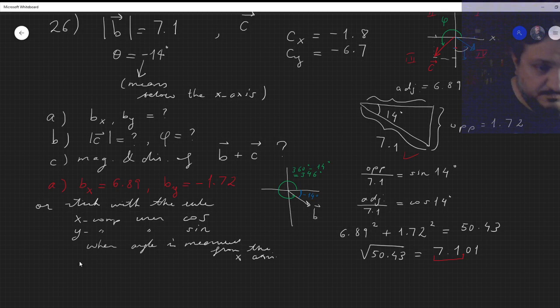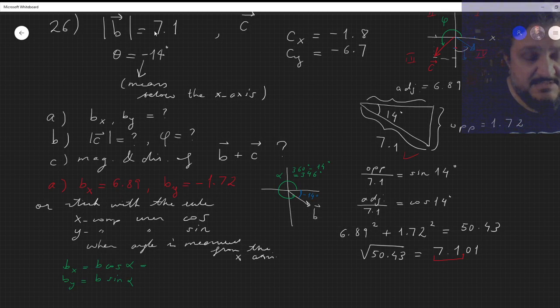So Bx is B times cosine of this angle, call it alpha, and By is B times sine of alpha. So let's plug in those numbers and see if we get the numbers we found earlier.